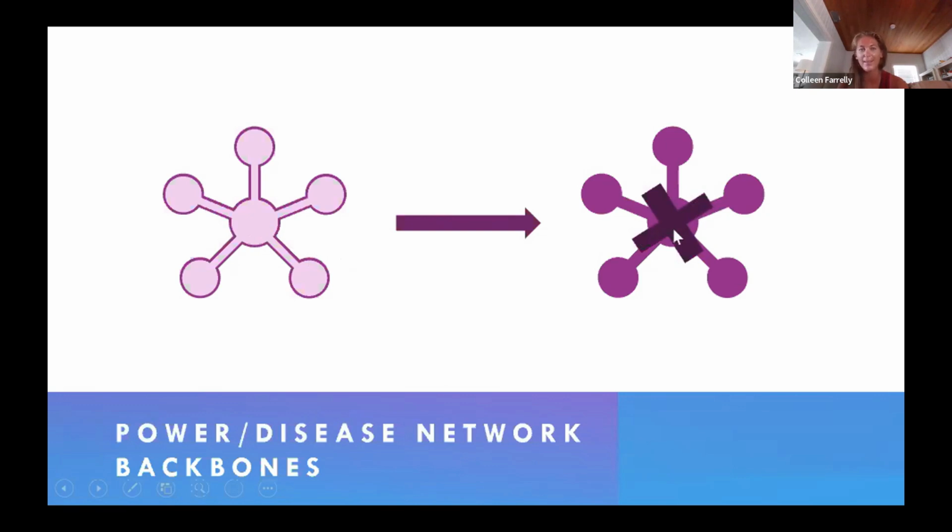This central point, if we lose that, we're going to lose power to the other 5 stations. So that's a pretty important part of the network. And Ricci curvature is one of the more useful ways of finding these really important points within a network that's usually a lot more complicated than this toy example.